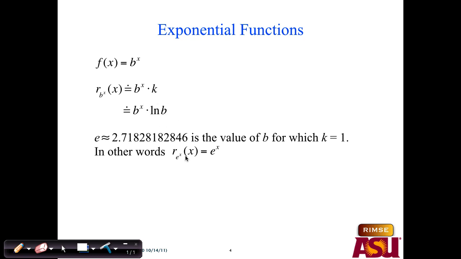The derivative rule, rather, I should say. If I have b to the x for any b, I can write it as b to the x times the natural log of b, whatever that number is. But it is a natural log of a number. It isn't a natural log of x. But the rate of change of e to the x is itself, strangely enough. The units would be different between the original and the derivative, but the function rule looks the same.